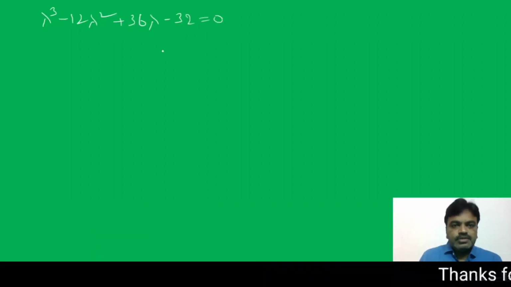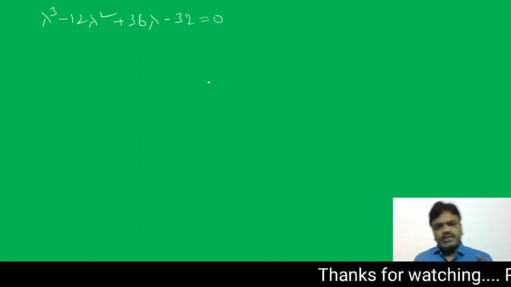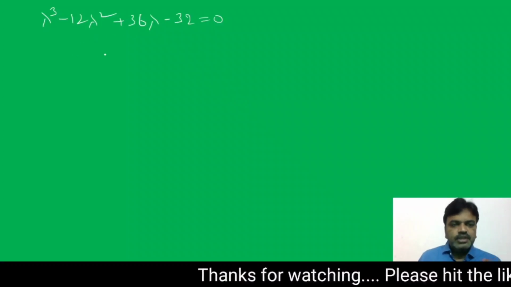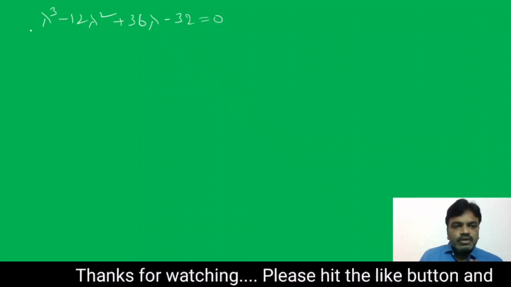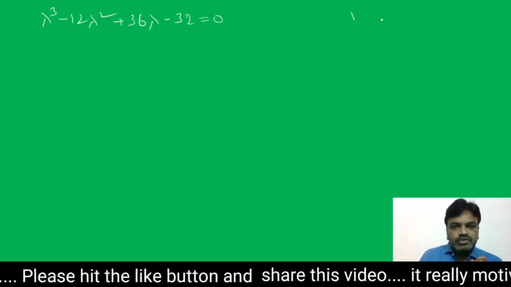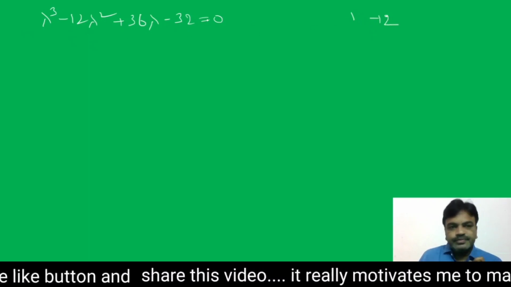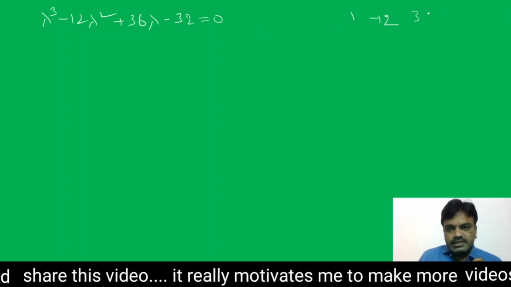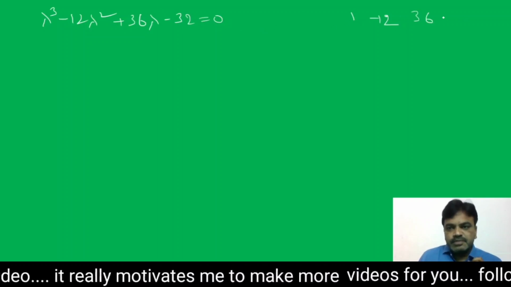Now apply Horner's synthetic method to find the roots, friends. So what is the lambda cube coefficient? 1. Lambda square coefficient is minus 12. Lambda coefficient is 36, and the constant is minus 32.